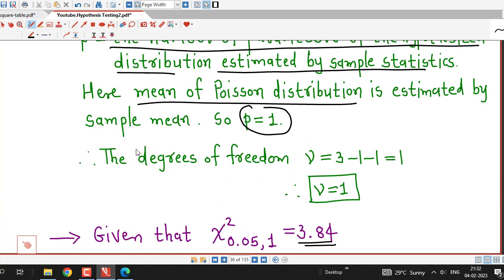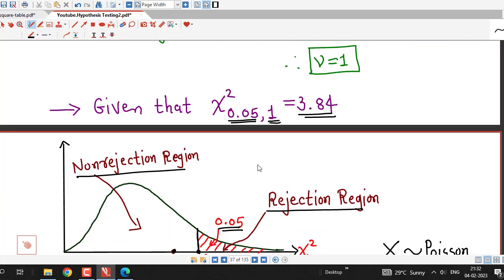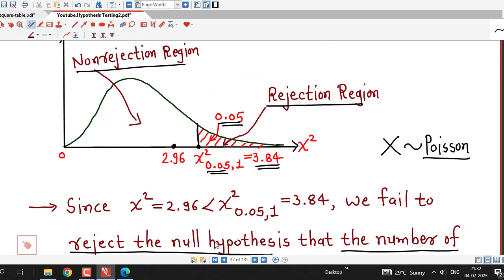Once we obtain the degrees of freedom, and the level of significance is given, we use the chi-square table to find the chi-square critical value, and then we compare the critical value and the test statistic value. If the test statistic value is greater than the chi-square critical value, then we reject the null hypothesis. If the test statistic value is smaller than the chi-square critical value, then we fail to reject the null hypothesis.